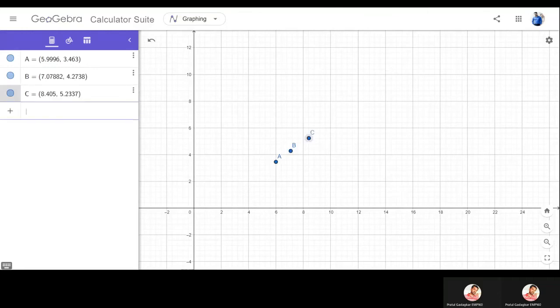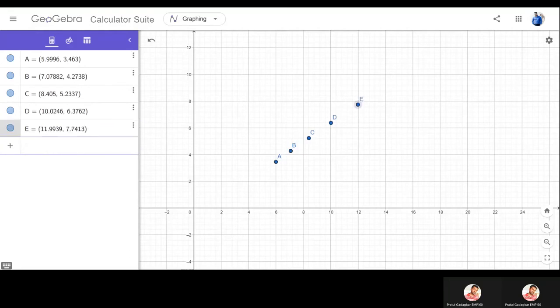The fourth point is 10.0246, comma, 6.3762. The fifth point, the final point, is 11.9939, comma, 7.7413. So these are the points of that hyperbola.